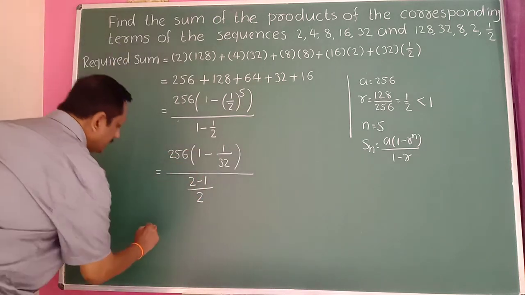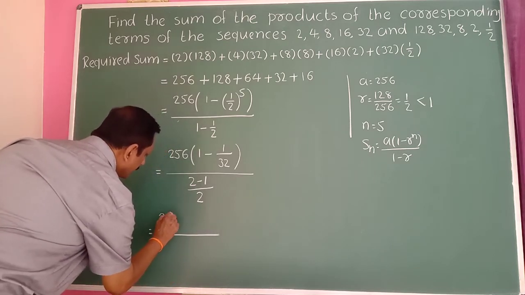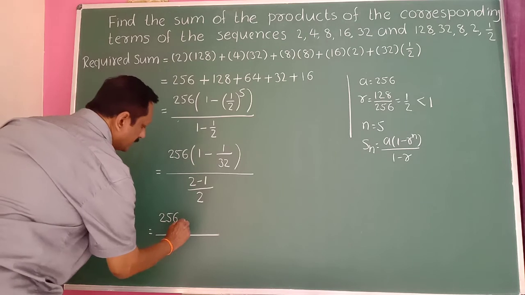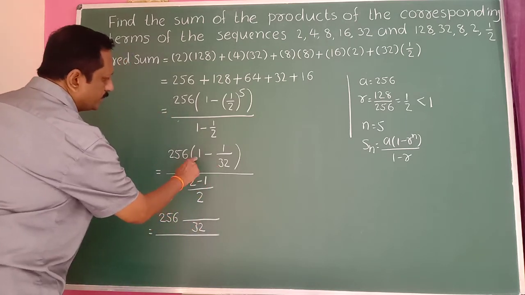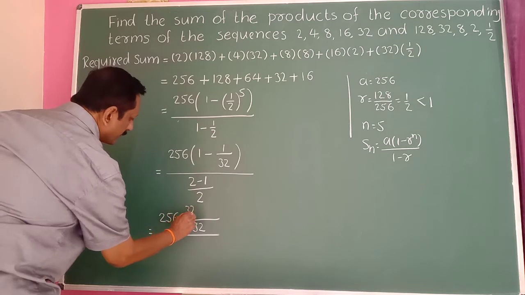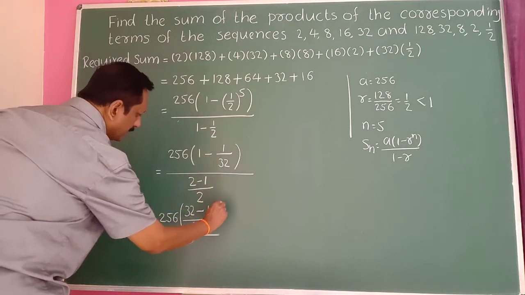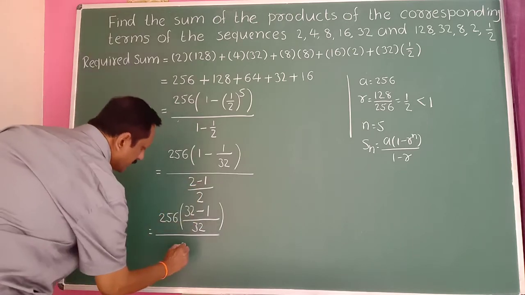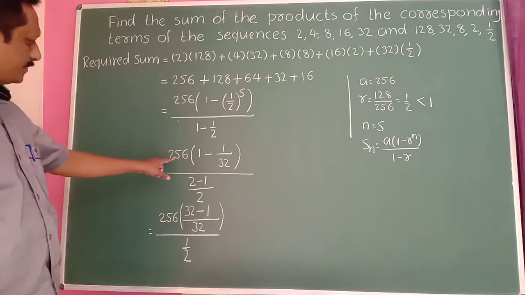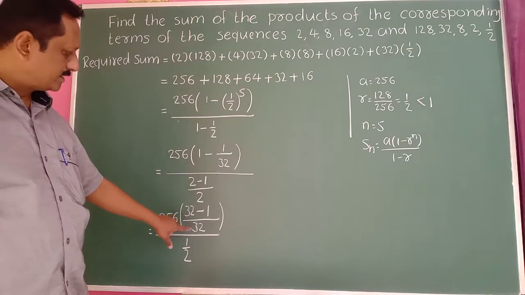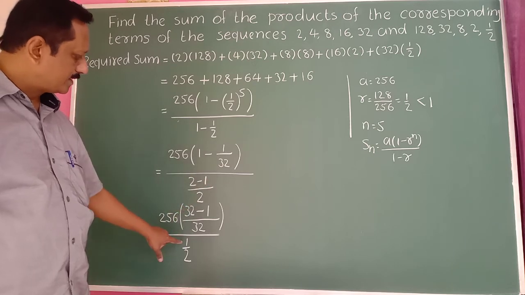Here 256, and 32 is the LCM here. 32 ones are 32 minus of this 1 here, and 2 minus 1 becomes 1 here, so it is 1 divided by 2.